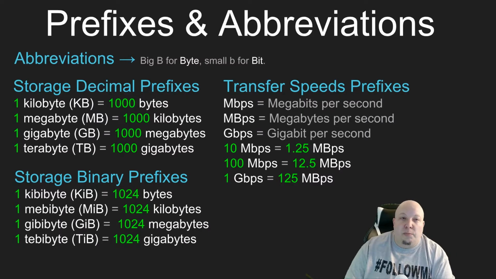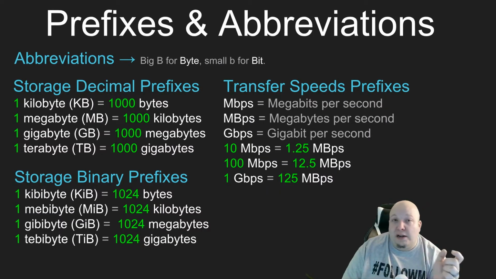So let's go over a little bit of the prefixes and abbreviations. When we're talking about, let's say, gigabyte, and you're seeing it abbreviated as GB, well, if it's an uppercase B, a capital B, that means byte.